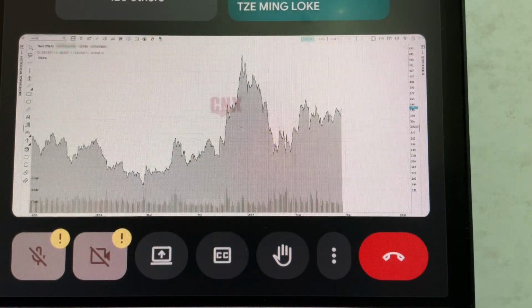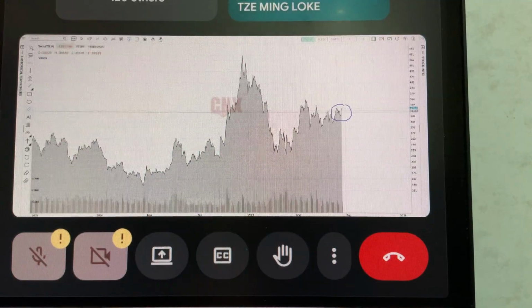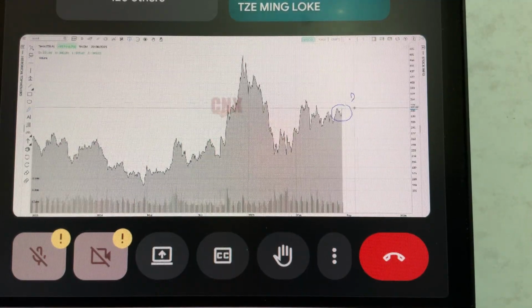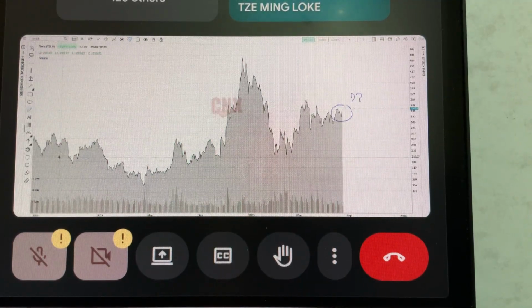So what we do here, at this point, because the important thing is what is coming up next. That is the most important. If it's still going very fast, that means the chances it will still be going up. But if the speed shows that it's slowing down, then it will probably be coming down.